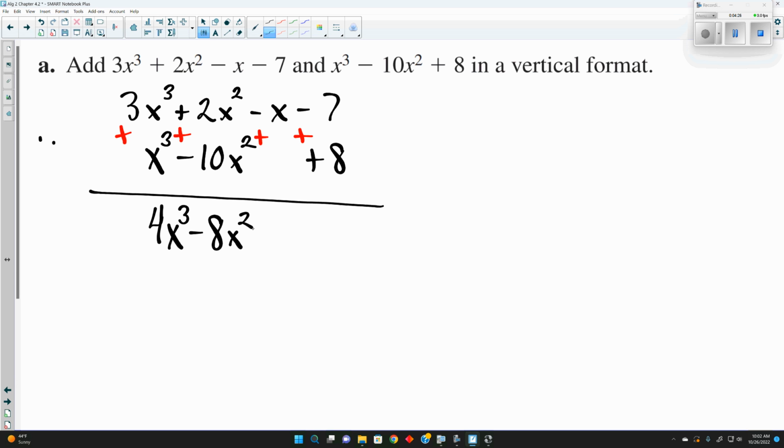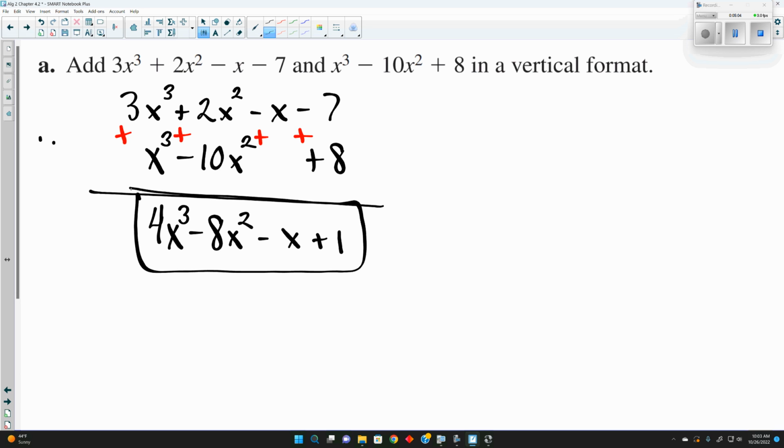Negative x plus, well, do we have anything to add to our negative x? No, so it's just going to come down as negative x. And lastly, negative 7 plus 8 is plus 1. That's it. We're just adding them together. Questions on any of this so far?